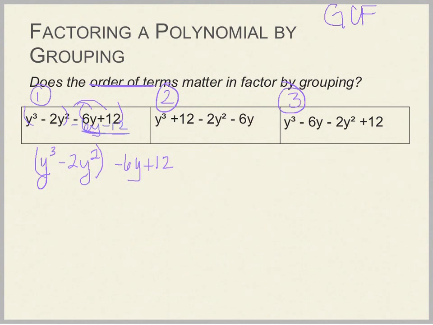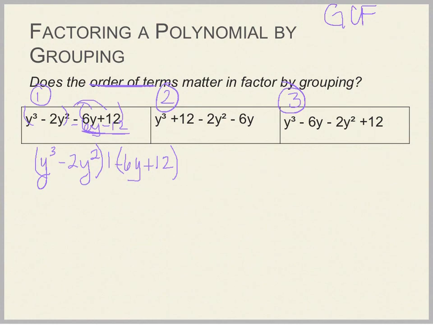This is different than our original. So what I'm going to do is group that negative inside of the binomial. However, as this stands right now, it looks like multiplication of 2 binomials, which this problem is not.